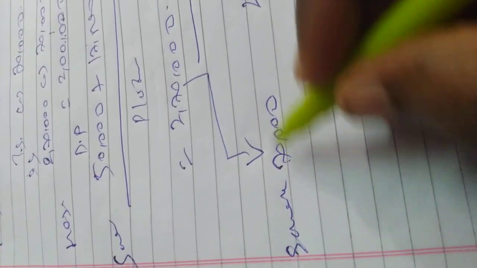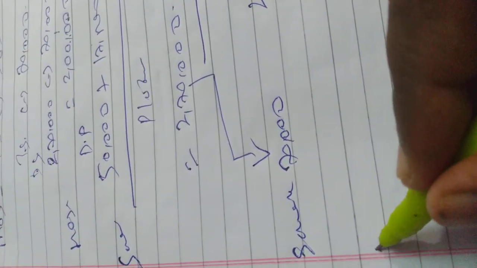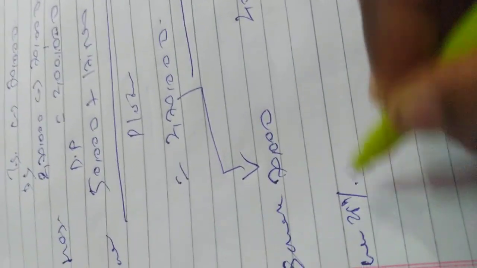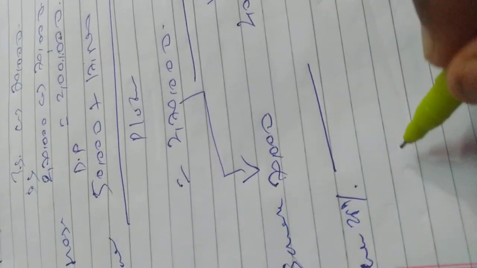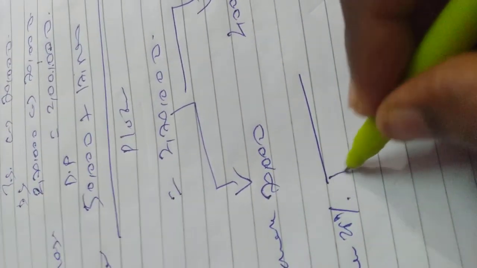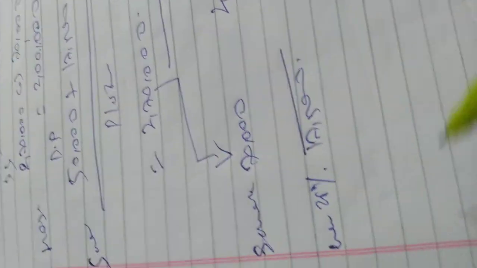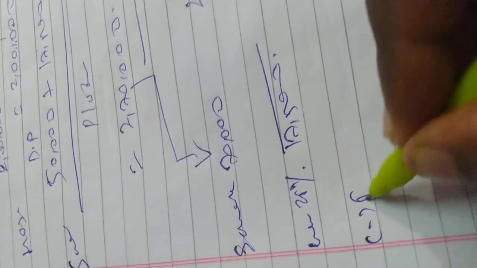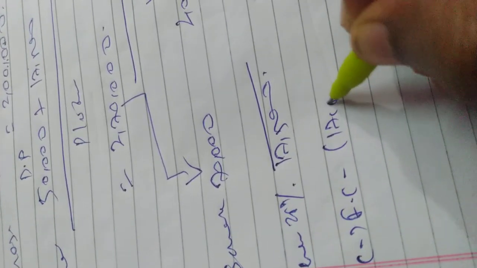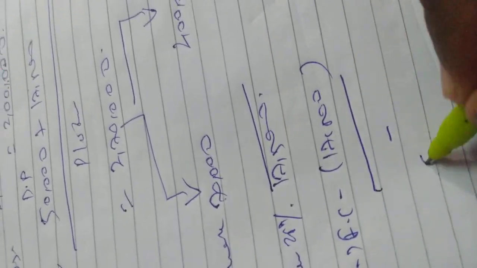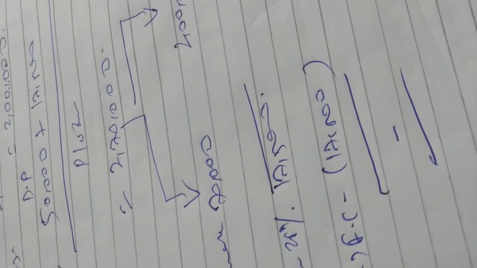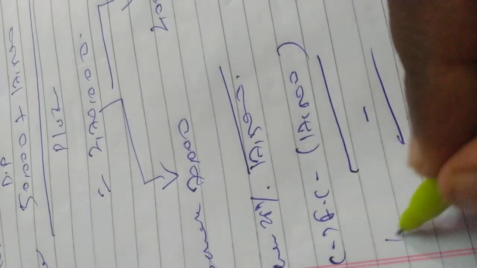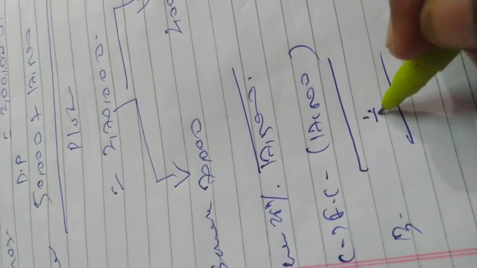Sales is 70,000 and contribution 25%. 70,000 into 25% is 17,500, minus fixed cost 17,500, then my profit will be 0. That is break-even sales. Correct? No profit, no loss.